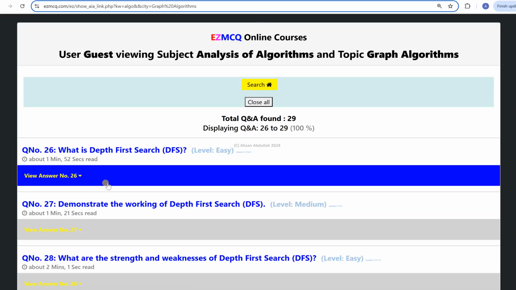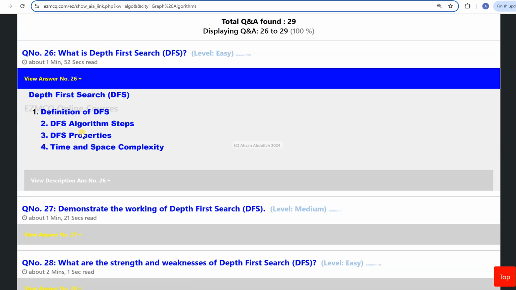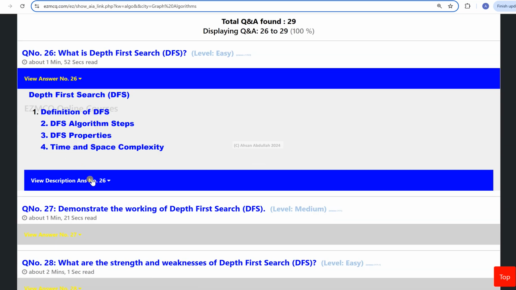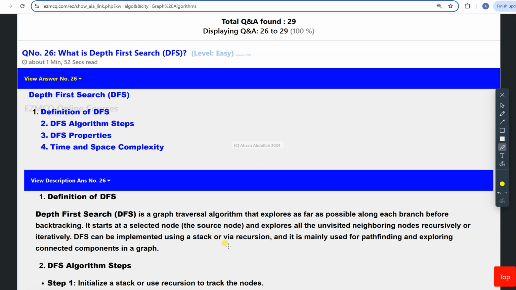So what is depth first search? These are the definition and properties. Let's look at them. It explores as far as possible along each branch before backtracking. If you want to know about backtracking, go to easymcq.com/goget and type backtracking in the yellow box, and you'll get some material about backtracking from there.